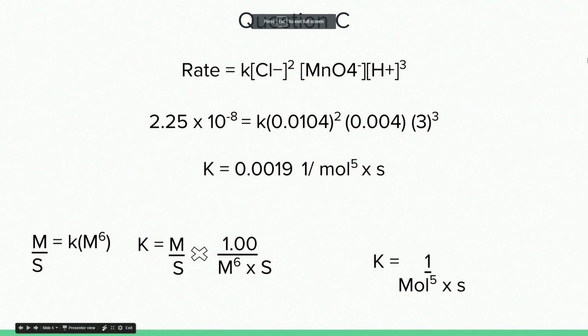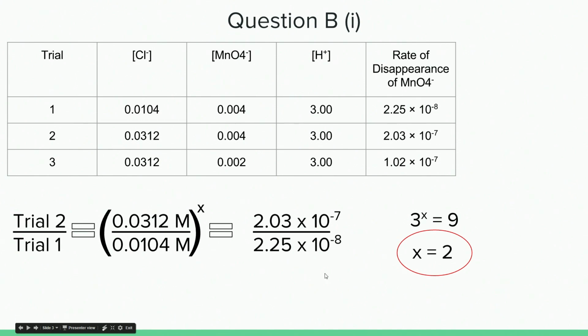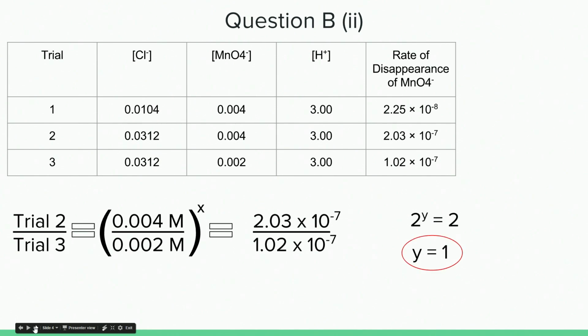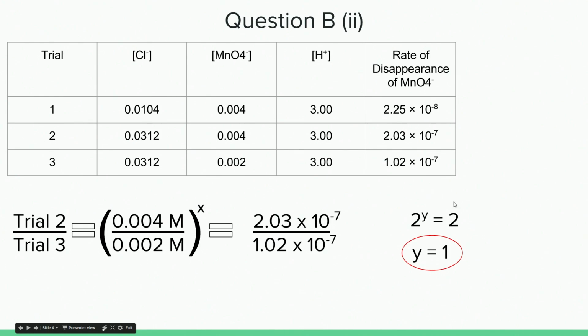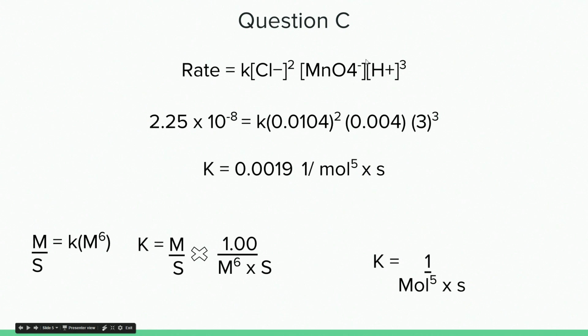Question C asks us to write the rate law of the reaction, and we already did this in our previous problems. Our exponent value for the Cl minus was 2, so we put Cl minus squared. In the previous one, we found our exponent was 1, so it was just MnO4 to the 1, but I didn't put anything because you don't need to.